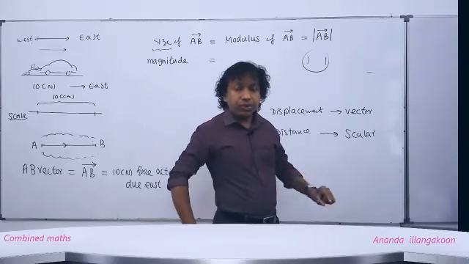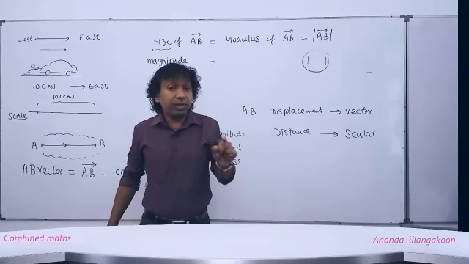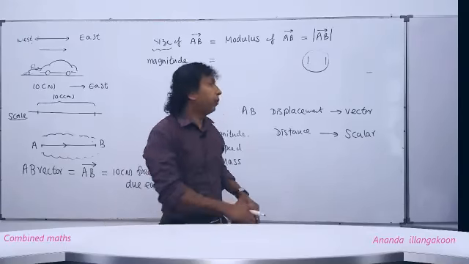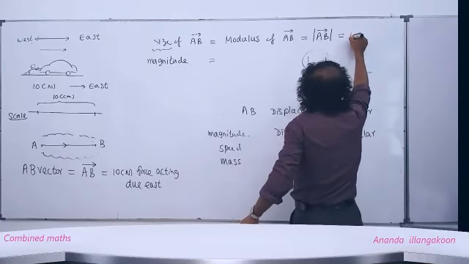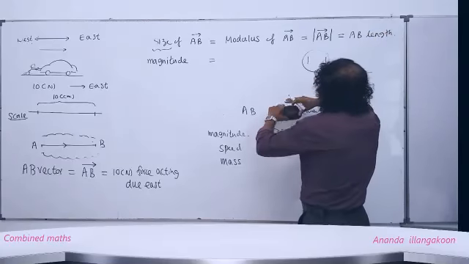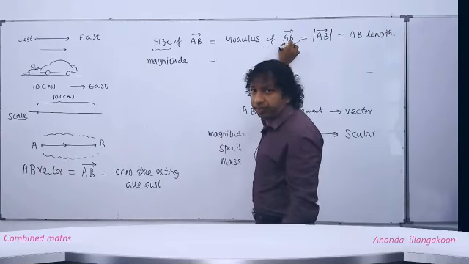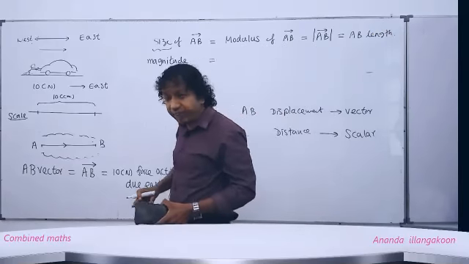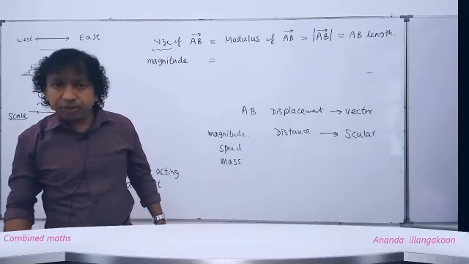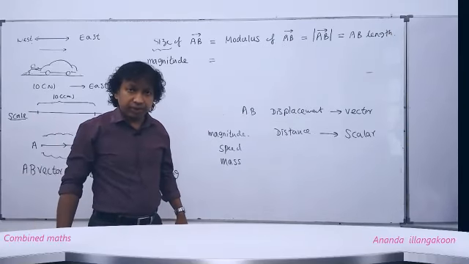The size of the vector AB is really given by the AB length. So this is nothing but the AB length. Another word you now learn: modulus of a vector means the size of that vector, the magnitude of that vector.